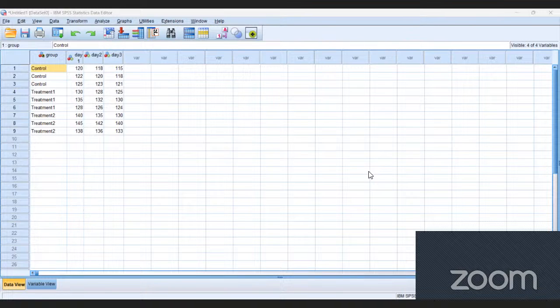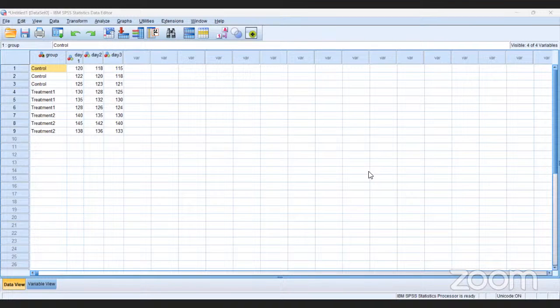When you click OK, now you will find the output data.